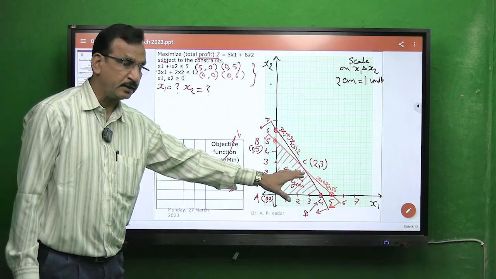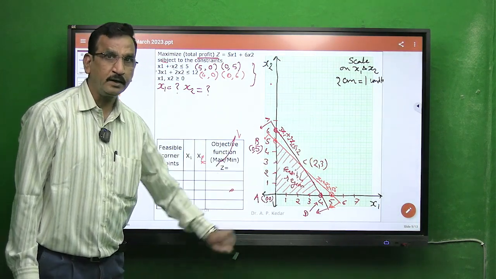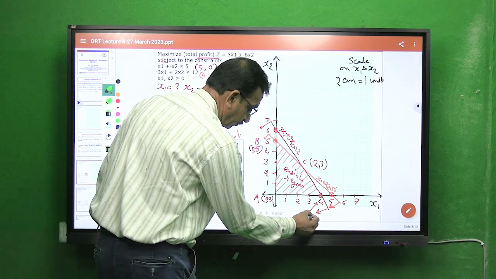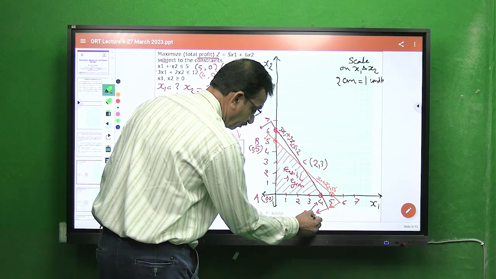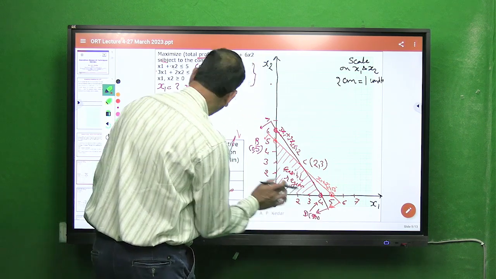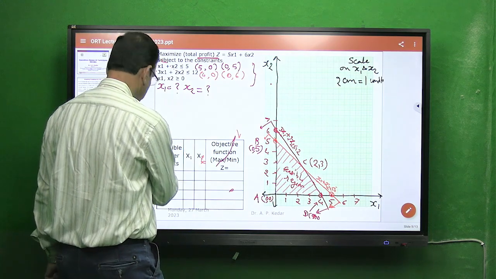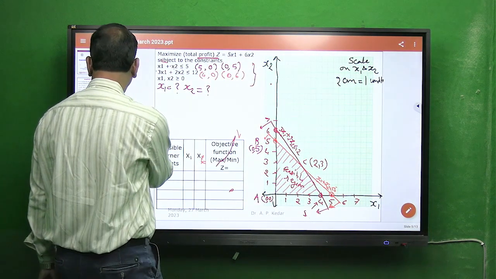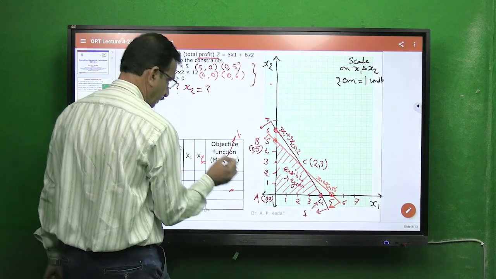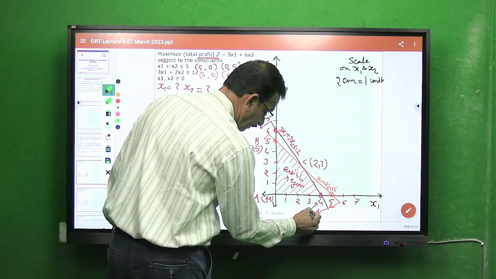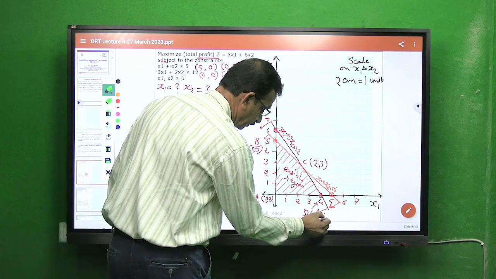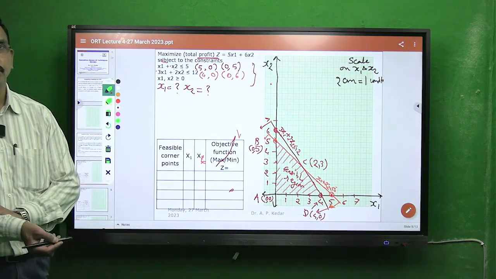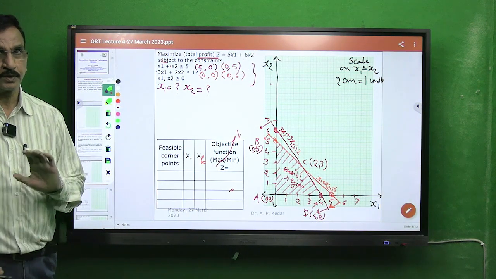If you draw it correctly, you will get the points 2 and 3. And for D, the coordinates are 4, 0.